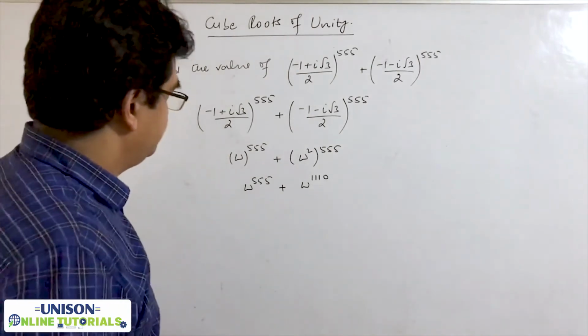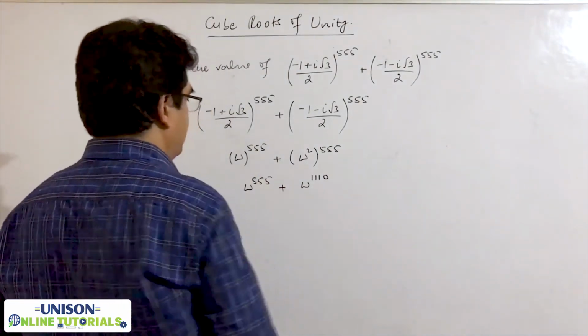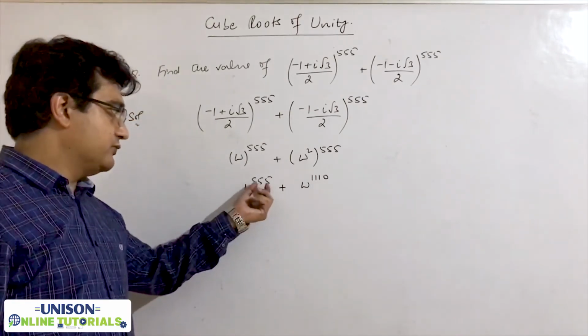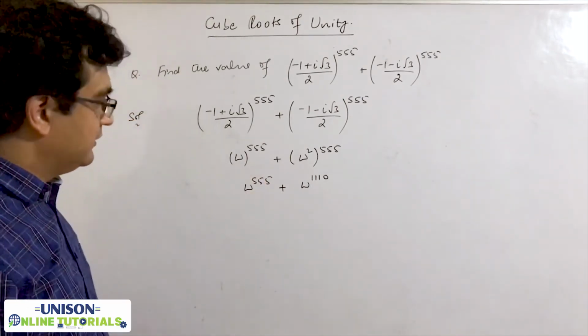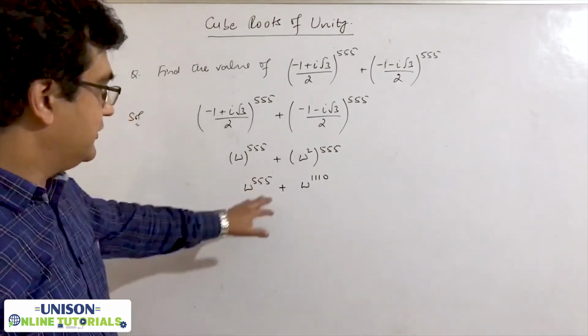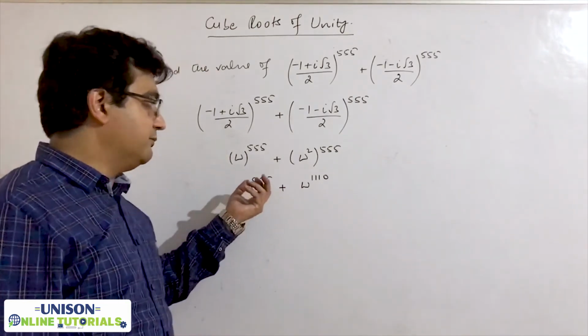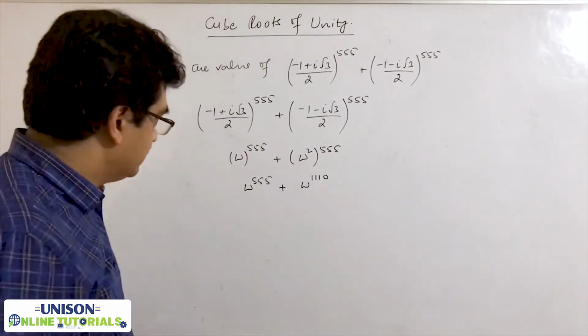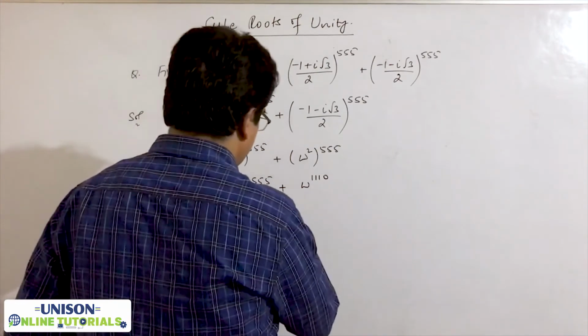So how to get the value of omega 555? Now if I divide this 555 with 3, what will be the remainder? It is completely divisible, the remainder will be 0. So the value will be 1.